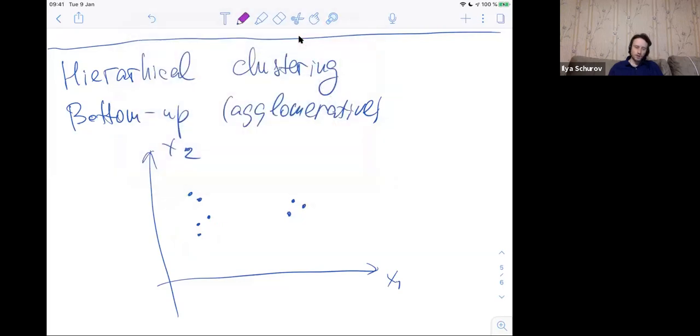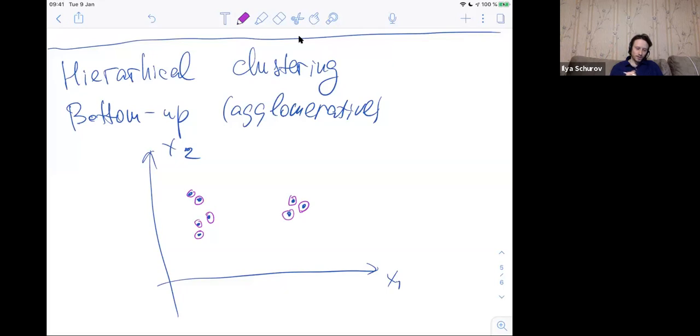First, we begin with the first step when every point is inside its own cluster. So initially we have as many clusters as points we have. Every point is an individual point that lives in its own cluster and is not united with any other clusters.